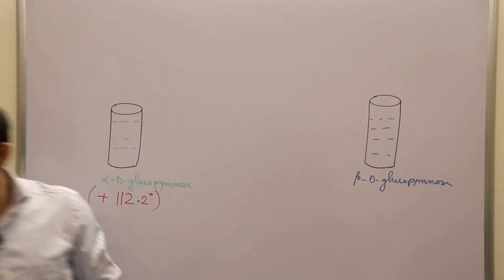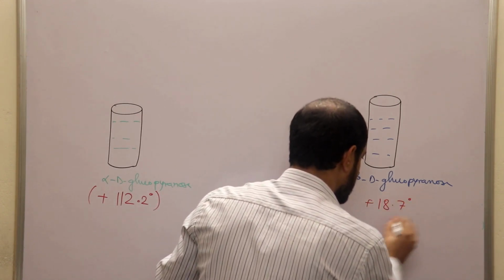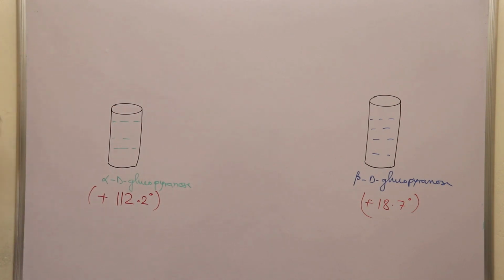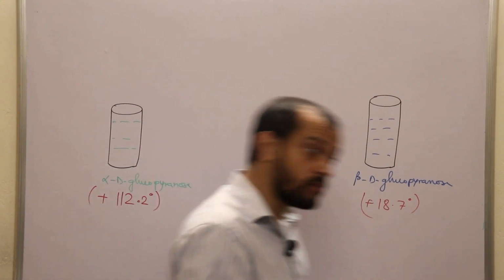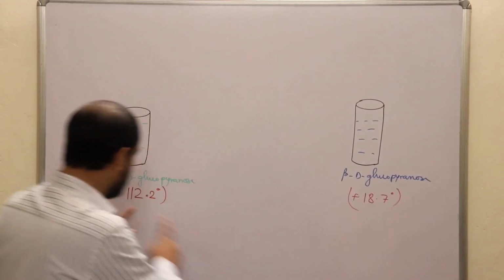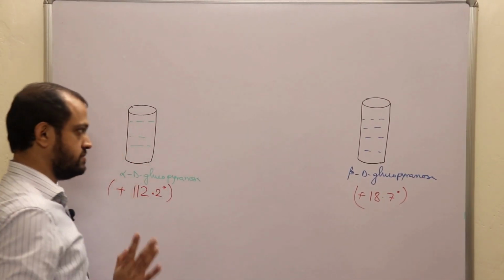That's it. Clear? That means whether it is alpha anomer or beta anomer, both deviate the light positively towards the right. Clear? Now listen.